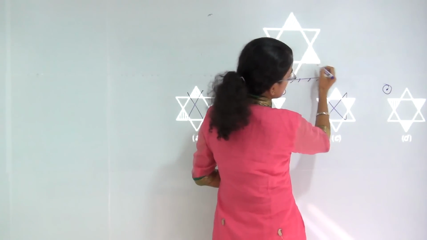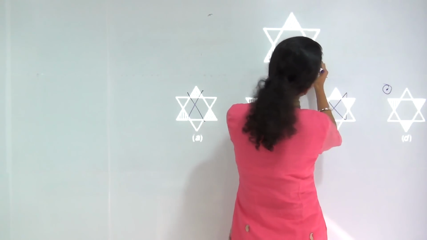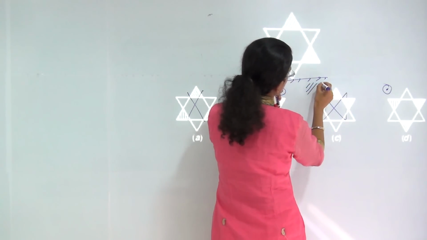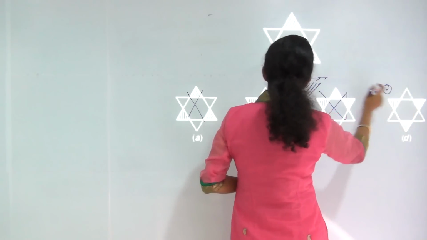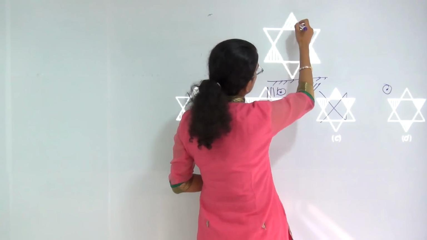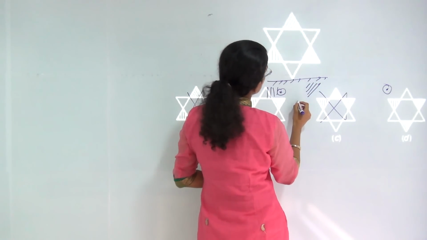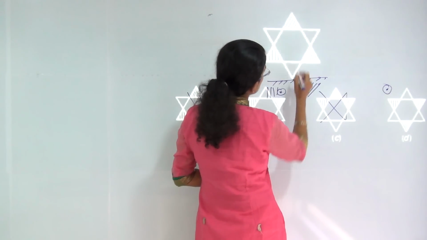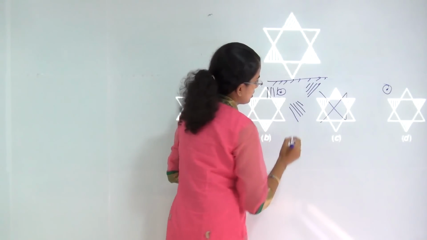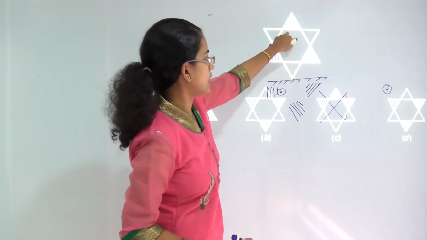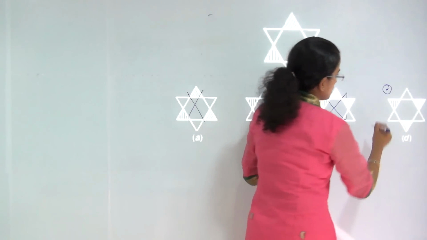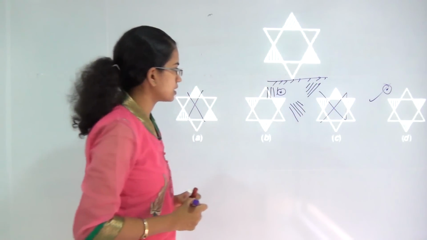The direction of lines again would be this, because this would change and this is closest. So the line should be this way. Here they are vertical, so they will remain vertical. And here, what is closest is this, and what is farthest is this, so these lines would go in this fashion. Further, the remotest triangle, the small triangle. So the correct match is here. So D would be the correct choice.